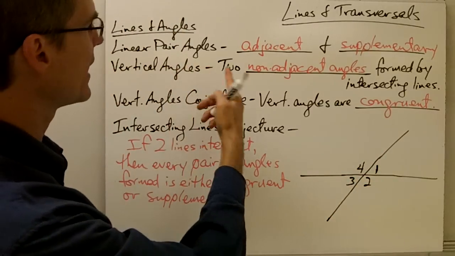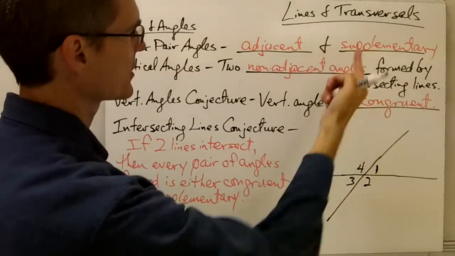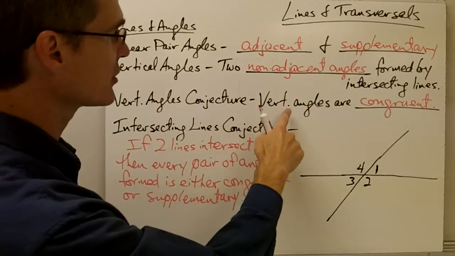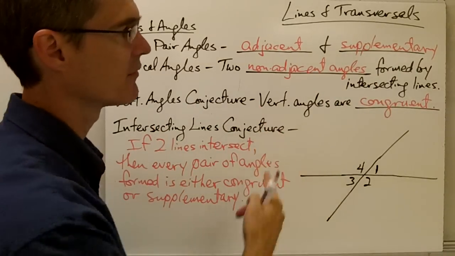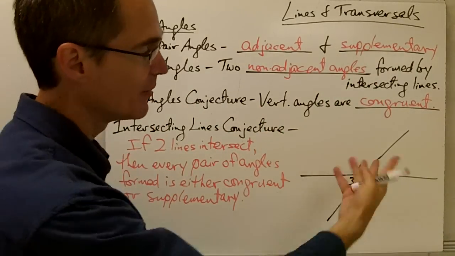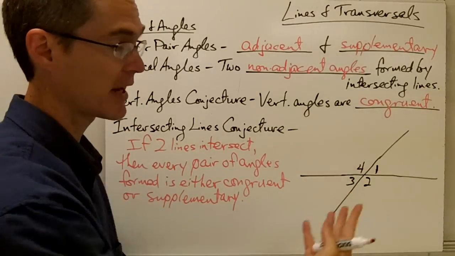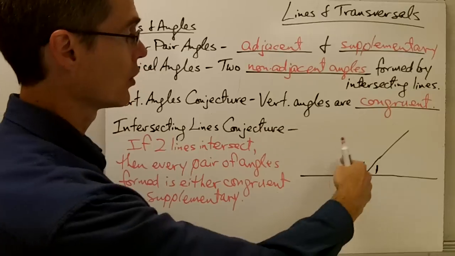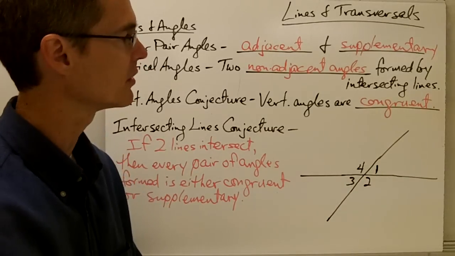I already know that linear pair angles are supplementary, and I've got a conjecture in which I'm pretty sure that vertical angles are congruent. So since every pair of angles is either vertical angles or linear pair angles, they're either going to be congruent or supplementary.